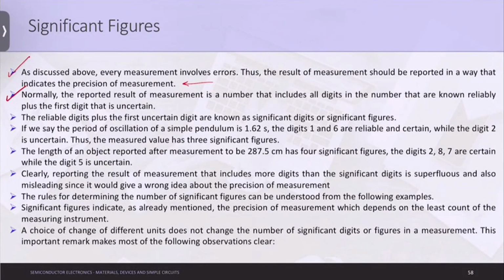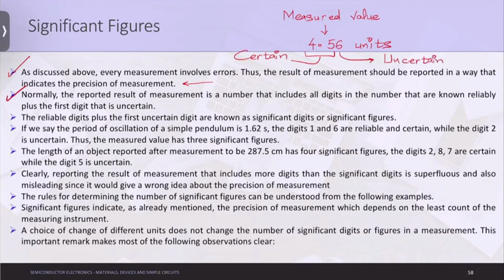What does it try to mean? Let us say that the measured value is 4.56 units, right? Here these two digits are certain. This is an uncertain number. So that was the only explanation done here.